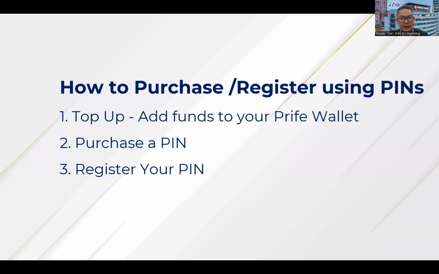So first is using pins. So we will tackle how to purchase or register using pins. There are three steps involved. That is top up or adding funds to your Prive e-wallet. Second is you purchase a pin, and then third is register your pin. So we'll tackle more on the pin later.